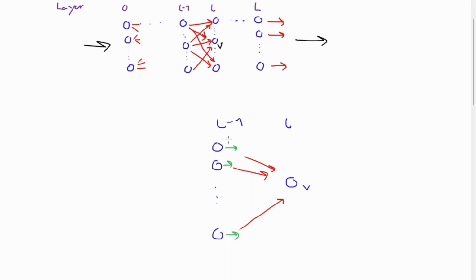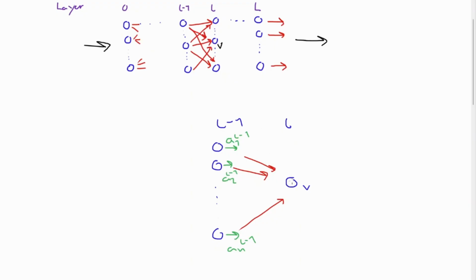So these will be denoted as a_1^(L-1), which means the activation of the first neuron at layer L-1, and this would be a_2^(L-1), and this would be a_n^(L-1), assuming here that hidden layer L-1 has n neurons. And here we've assumed full connectivity. Every neuron in L-1 connects to neuron v. And this assumption will hold between any two adjacent hidden layers.